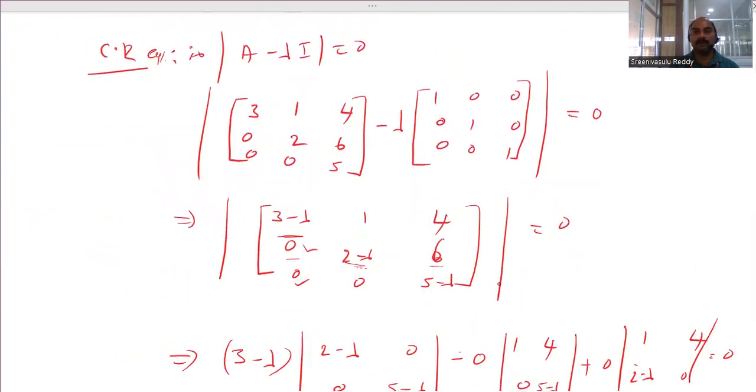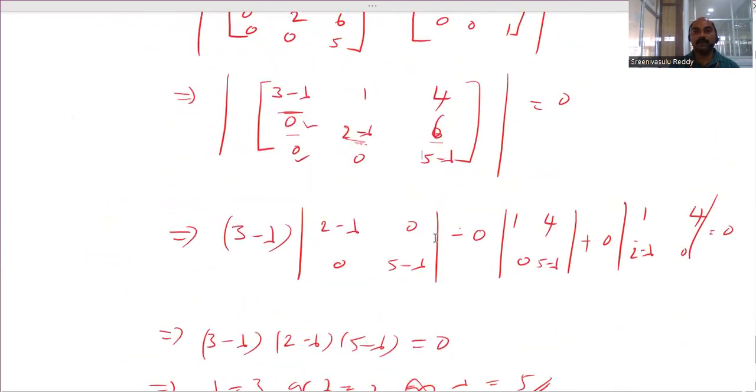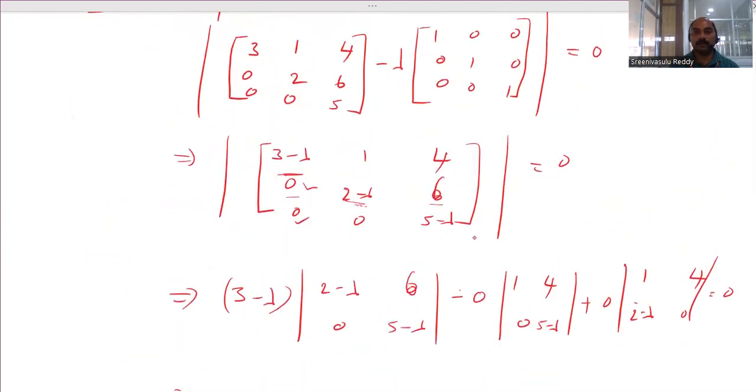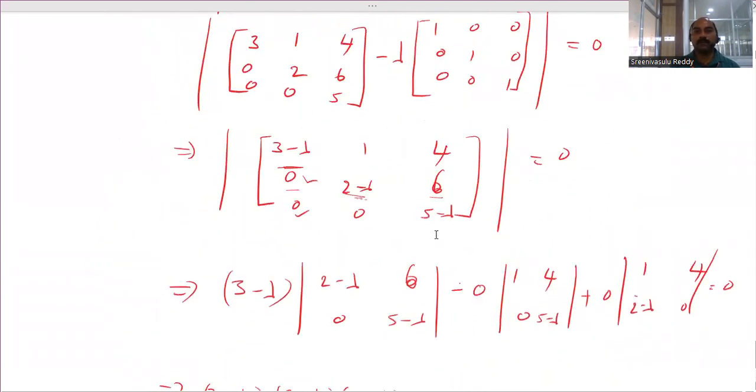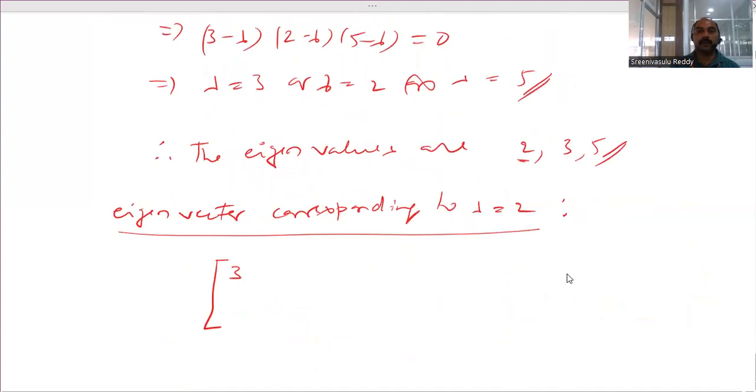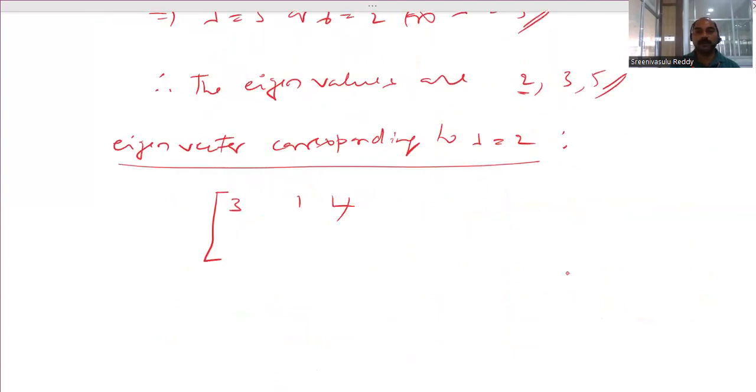I put 0, unfortunately. Anyhow, we get the same determinant value, but replace it. 3, 1, 4, first row; 0, 2, 6, second row; 0, 0, 5, third row.